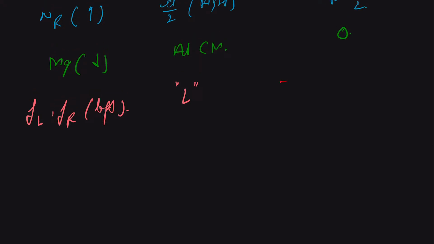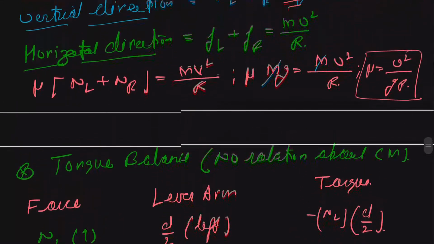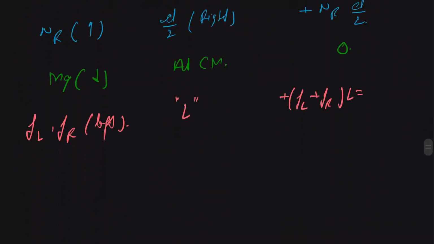This will be plus FL, FR multiplied by L, and FL plus FR is mv square upon r. So this comes as mv square upon r times L.